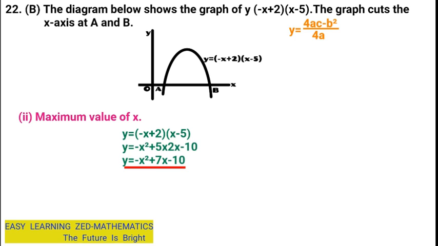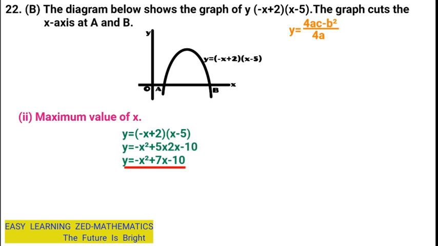Here a is the coefficient of negative x squared, b is 7, and c is negative 10.